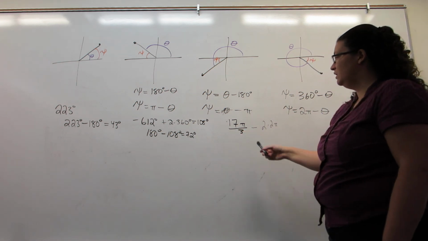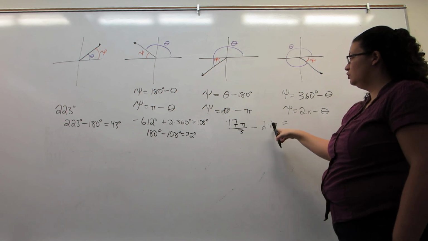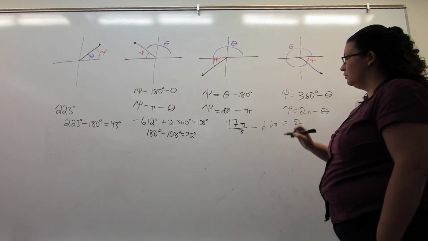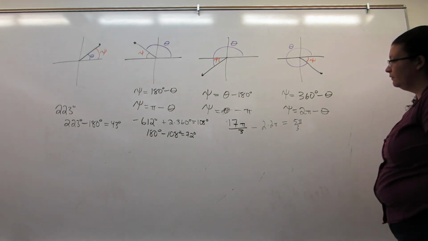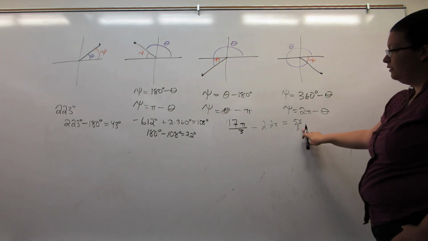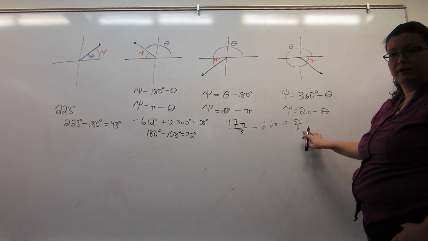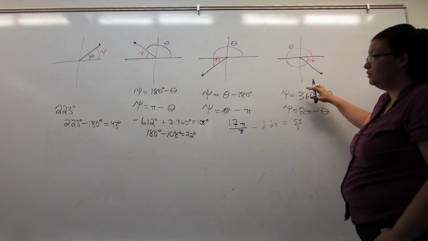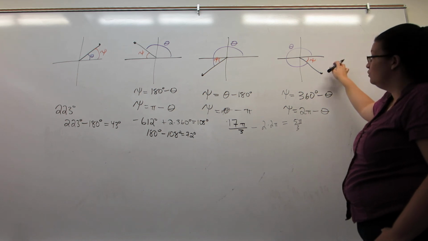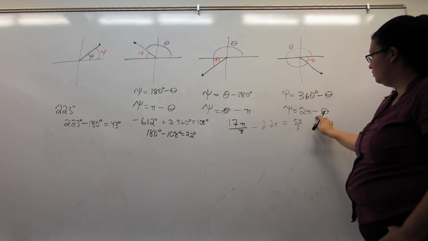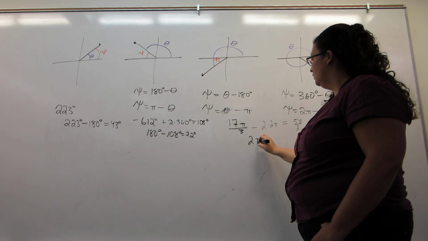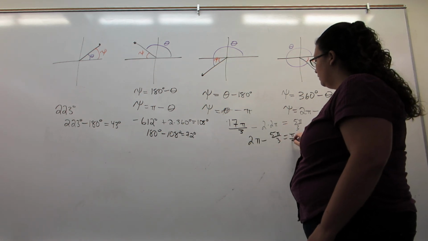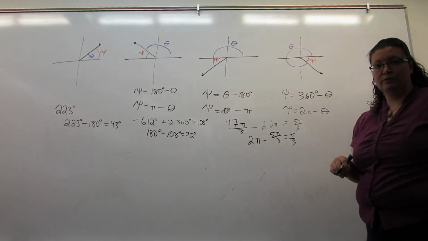So this is 17 pi thirds minus 12 pi thirds, which gives me 5 pi thirds. Now, 5 pi thirds is between 3 pi over 2 and 2 pi. So it's in the fourth quadrant. So we're going to use this formula: 2 pi minus 5 pi over 3. The reference angle is pi thirds.